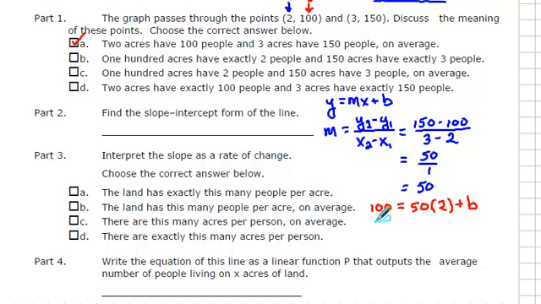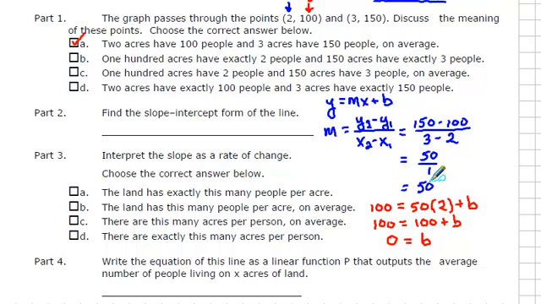Now we go ahead and solve for b. On the left, we have 100. On the right, 50 times 2 is 100, and then plus b. To solve for b, we need to undo addition, so let's subtract 100 from both sides, and that gives us b is equal to 0. The y-intercept is 0, which kind of makes sense that if you had 0 acres, then you would expect that there would be 0 people on 0 acres on average.